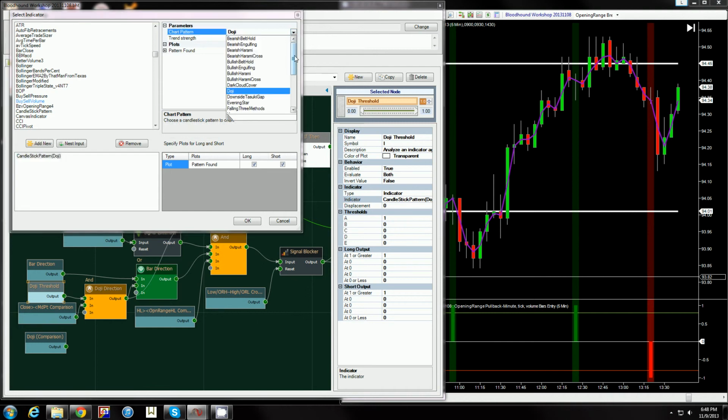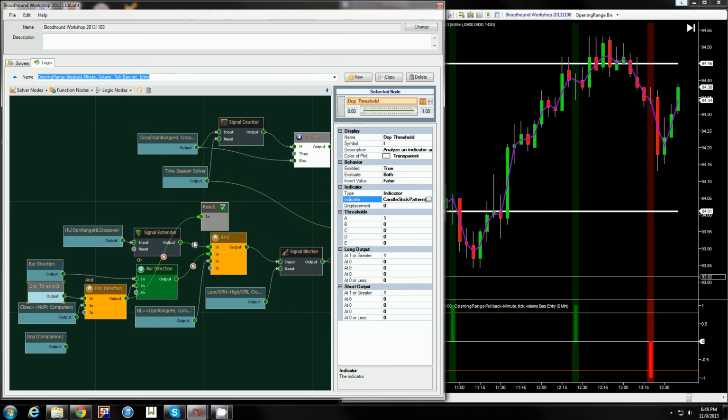So each one of these has a number associated with it. Whenever you have a number associated with an outcome from an indicator, you want to use the threshold solver. You can also use the threshold solver for finding thresholds of the stochastic or RSI or whatever. But when you have a number associated with the event from the indicator, usually they'll go in ascending order.